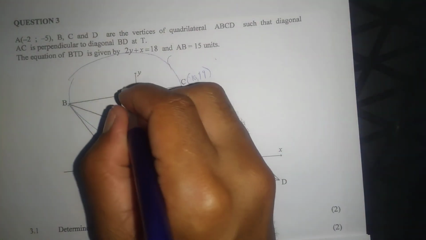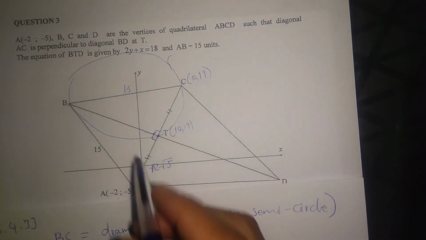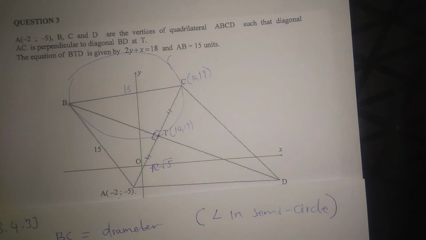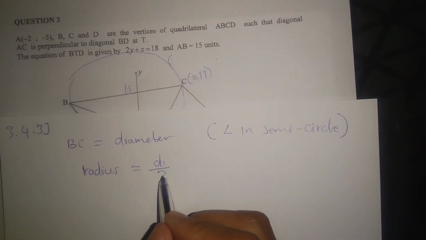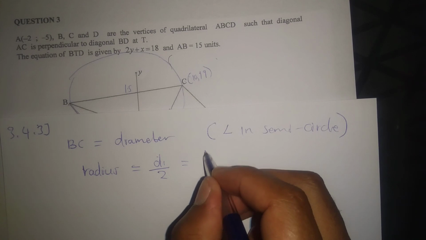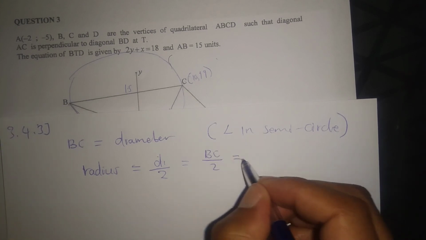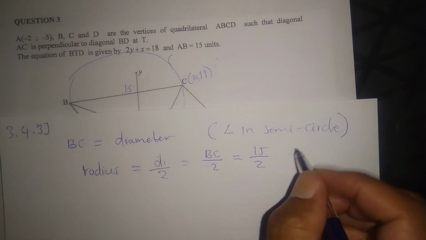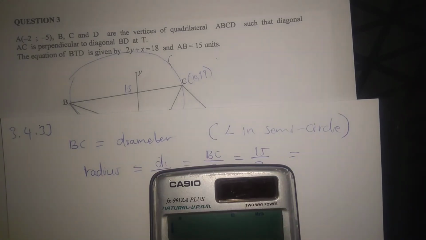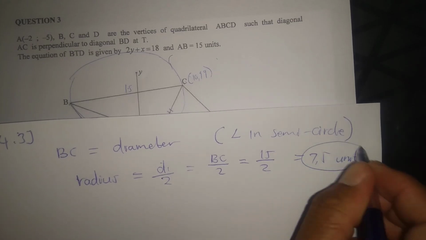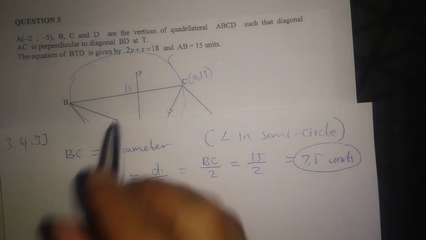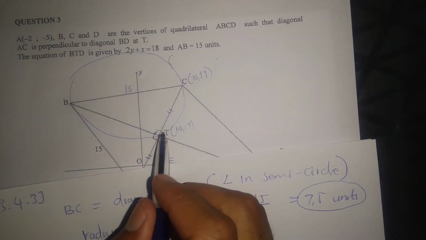So BC is 15. This is the diameter, and the radius is equal to the diameter divided by 2. The diameter BC is 15, divided by 2 equals 7.5 units. So that is the radius of the circle passing through B, C and T.